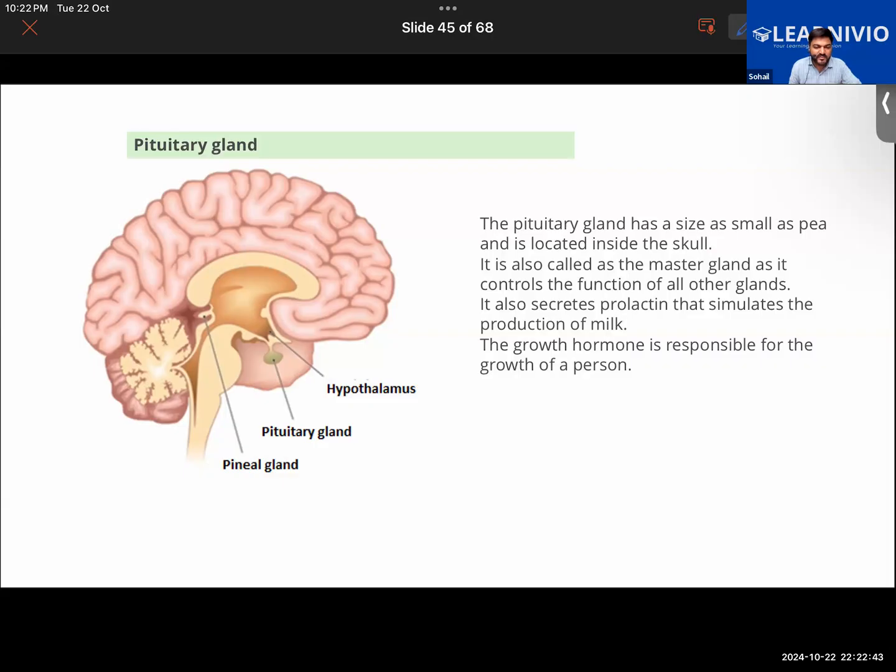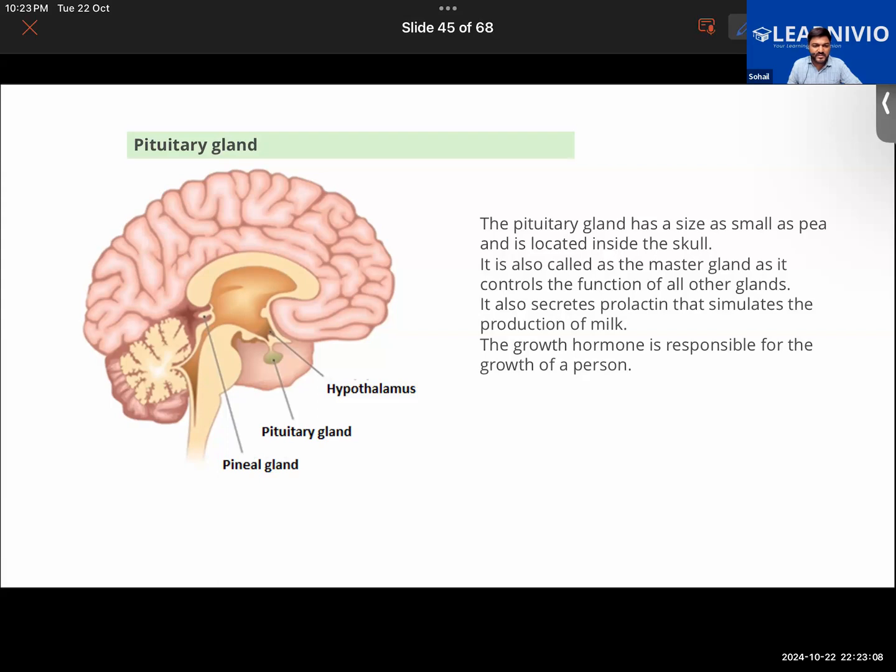One of the hormones secreted by the pituitary gland is prolactin, which stimulates the production of milk. During adolescence, as breast development takes place in the female, the milk production starts during pregnancy.